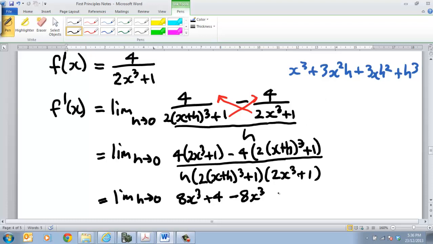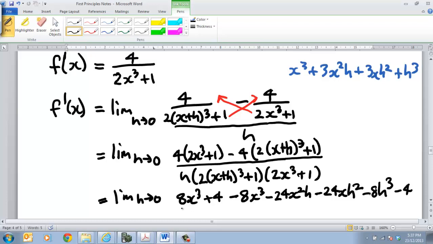So it's going to give me take 24x squared h, take 24x h squared, and then take 8h cubed. And then negative 4 times by 1 is going to give me negative 4.